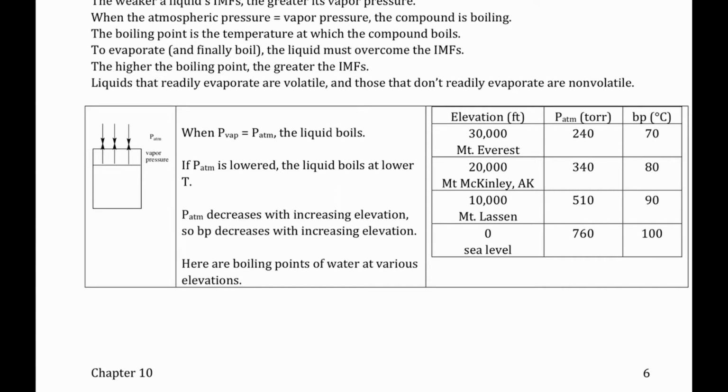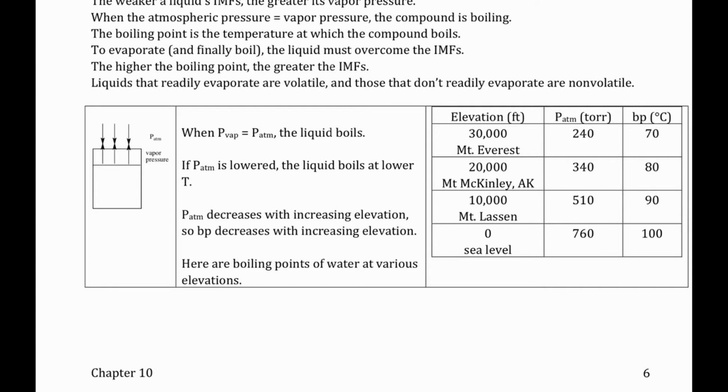When the vapor pressure equals the atmospheric pressure pushing down on it, so imagine we have arrows pointing down representing the pressure of the atmosphere pushing down, and we have the vapor pushing up on the atmosphere, when those two are equal, the liquid is boiling. We see bubbles rising from the bottom. If the atmospheric pressure above the liquid is lowered, then the liquid more readily boils. It boils at a lower temperature.